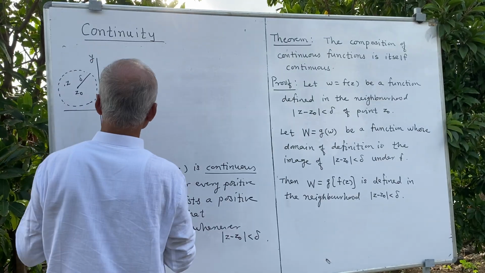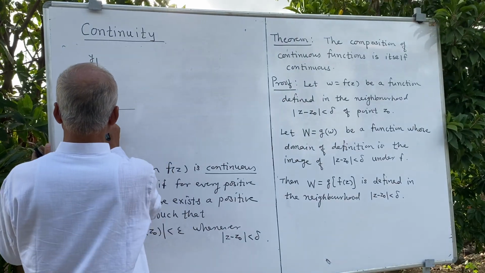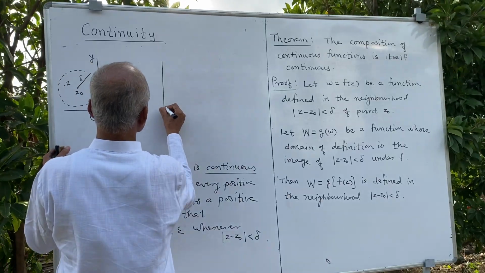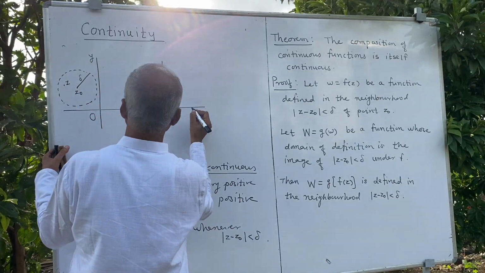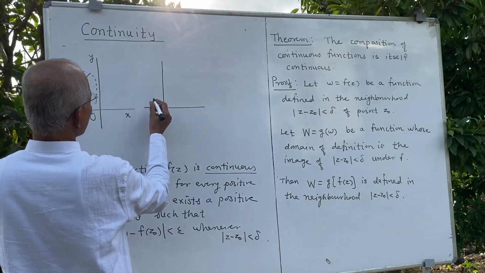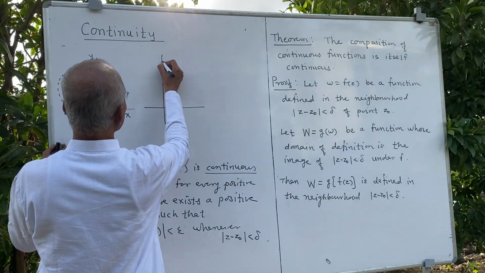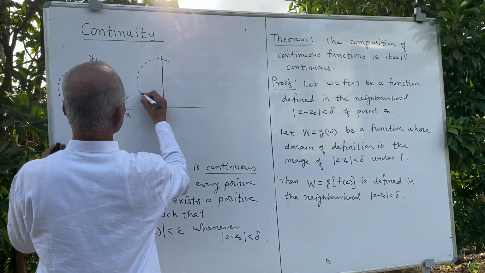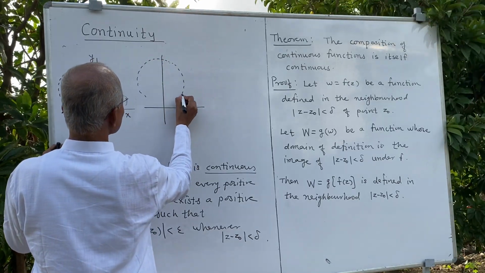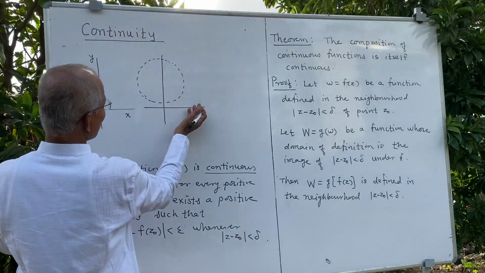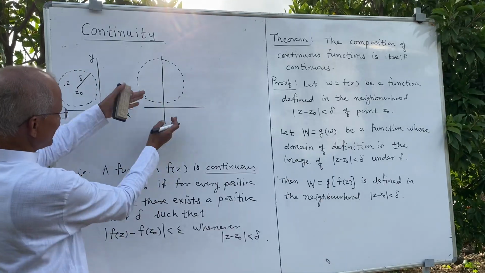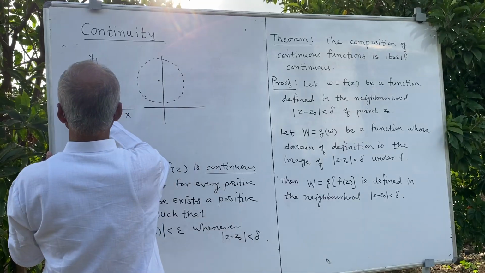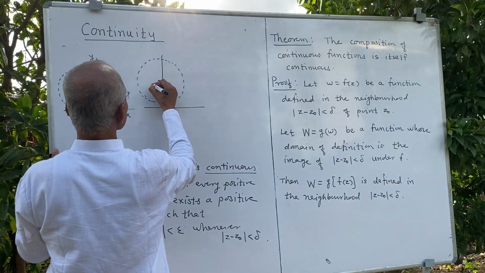Then we will have its image under f. The image under f may be anywhere in the plane, not necessarily in the first or second quadrant, and this point is f of z naught.